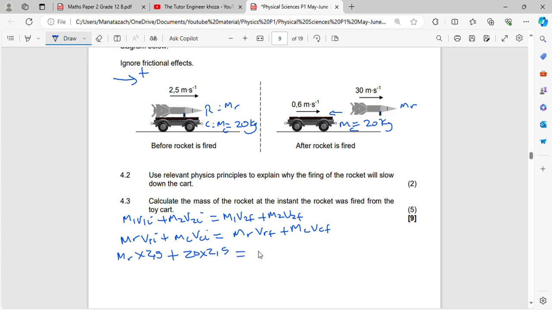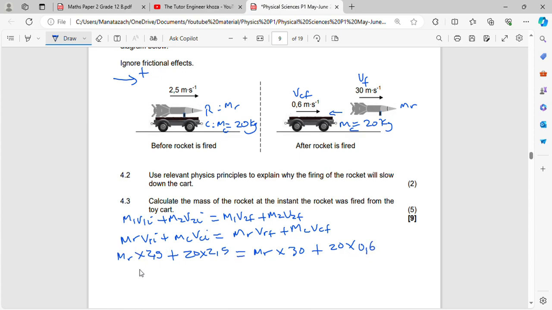That will be equal to the mass of the rocket that I don't know as yet. But finally the rocket will start moving at the final velocity of 30 meters per second. So I'll multiply it by 30 here, plus the mass of the cart remains 20, but the cart's final velocity will be 0.6 meters per second.